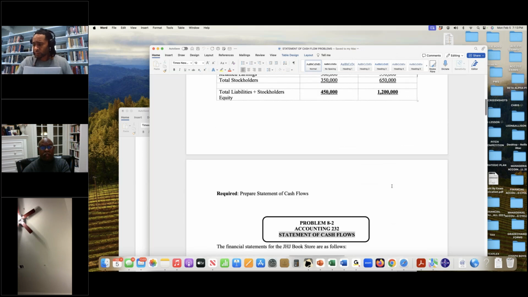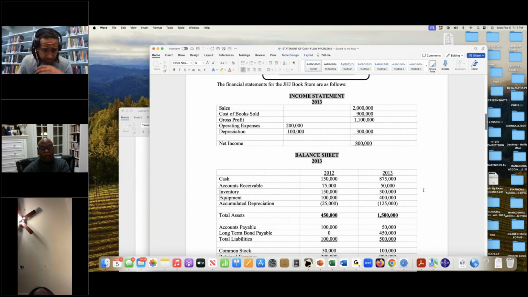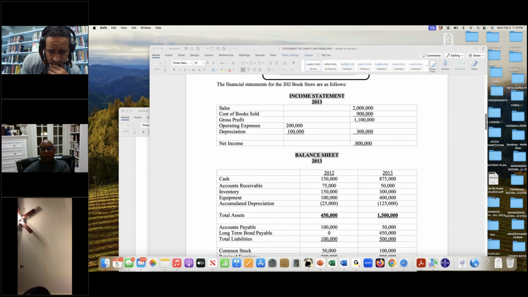What about problem two? What's happening with receivables there? What happened with receivables? Speak now. It decreased. So it's going to be a source or use? A source. It's going to be a source.